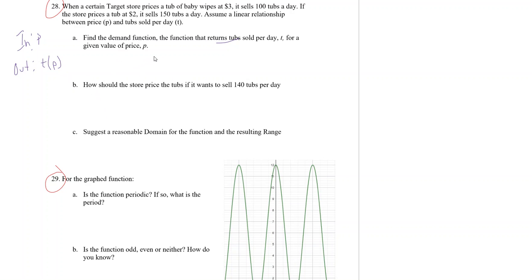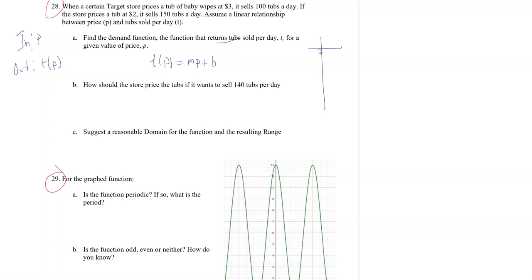And we're told it's linear, so we know T of P is equal to mx plus b, which in this context is mP plus b, since P is the input variable. And now we just have to come up with a table to take care of these inputs and outputs.